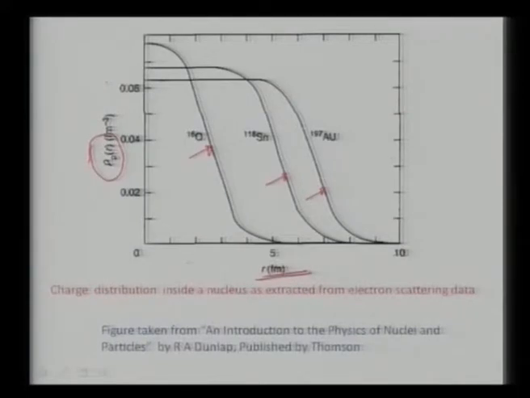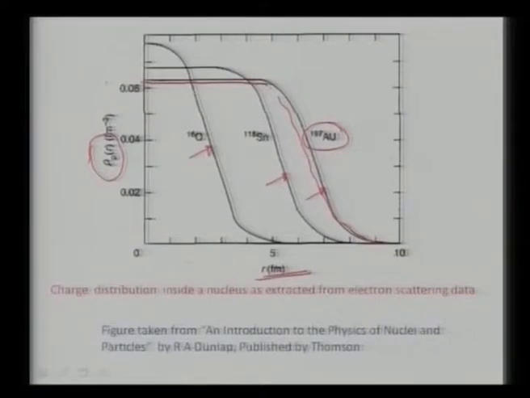If you take for example this gold curve, this density is almost constant up to a certain length, and that length would be around 5 femtometers, and after that it falls. It does not fall very sharply, you have a tail type of thing, and around 9 femtometers or so, it looks like it has become 0.